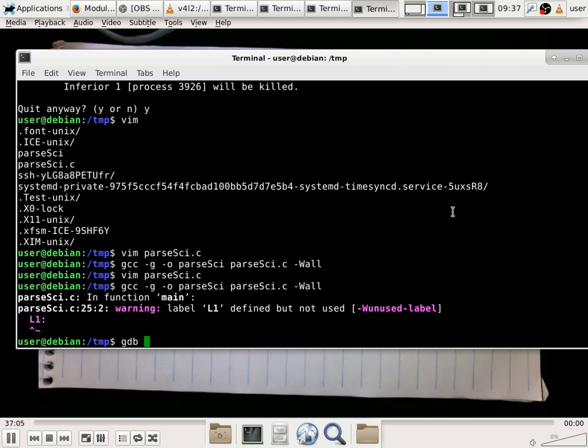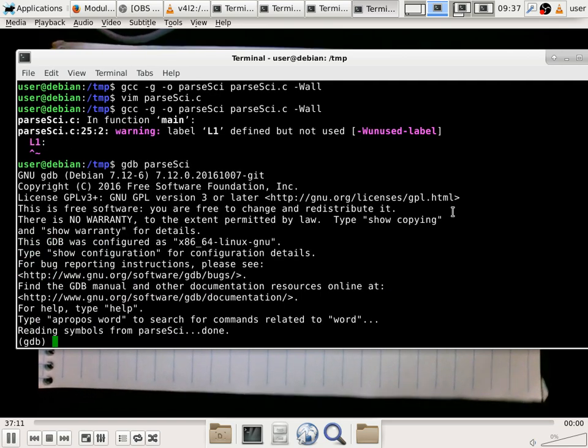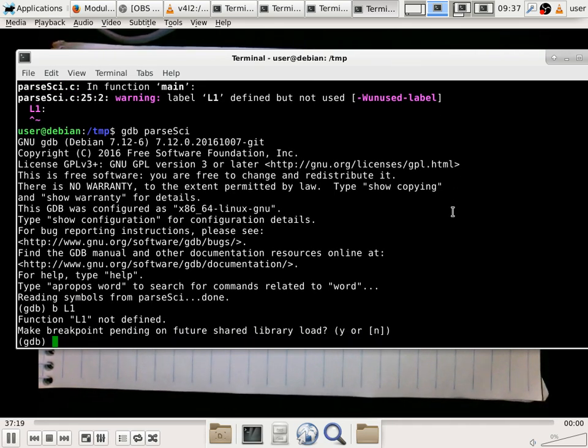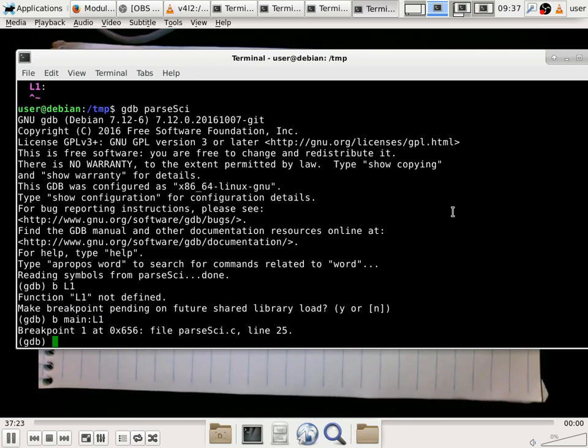When you run the program, you say gdb parse sci, and you put a breakpoint at L1. You can do it like that. Function L1 not defined. Okay, let's see if that's going to work. Yep, there we go.